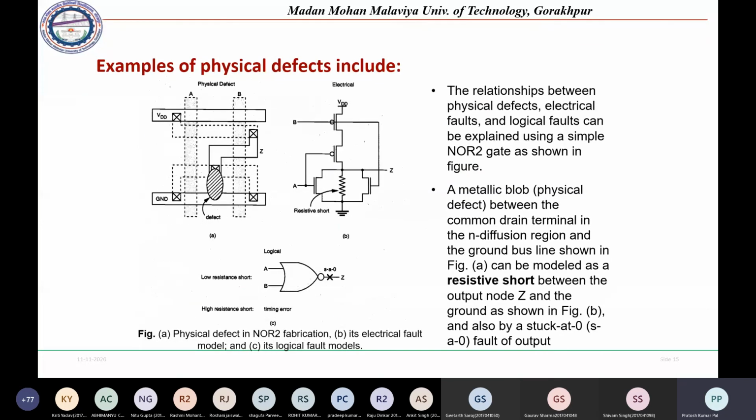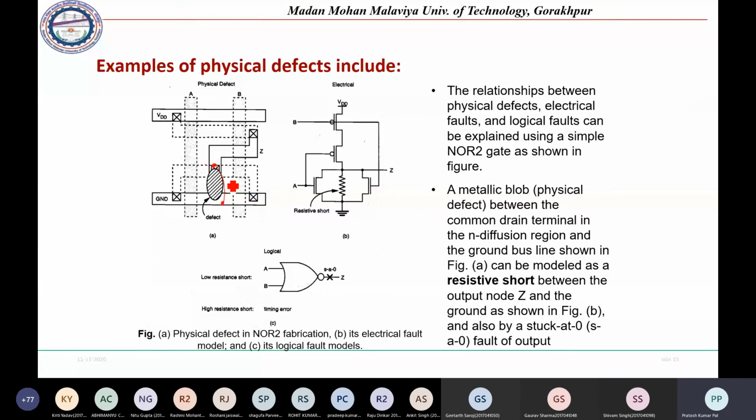Now there are some examples of physical faults. Suppose this is the layout. In the layout, this terminal is connected, and because of some defect at this point, at this layer, this terminal gets connected to the ground.